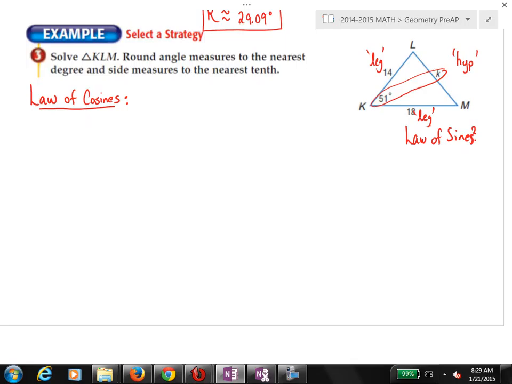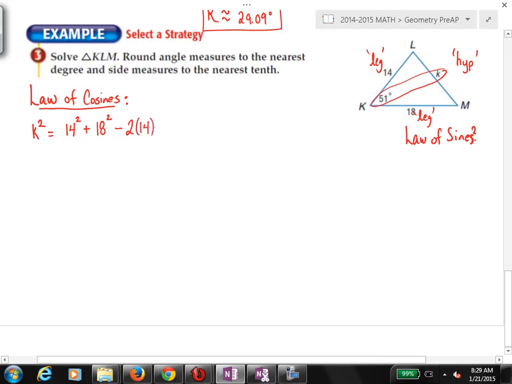So once again, it's going to be the hypotenuse squared. So it's going to be k squared is equal to the legs squared, the summation of that. So it's going to be 14 squared plus 18 squared minus what? 2 times what? 14 times 18.